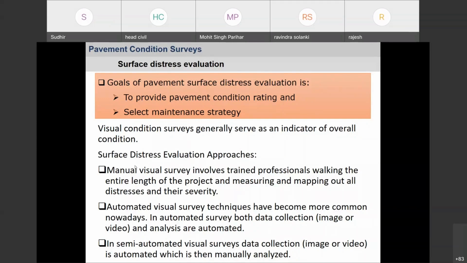Since the entire process is not automated, this becomes a semi-automated pavement evaluation. So I might have three approaches: manual visual survey, automated visual survey, or semi-automated visual survey.